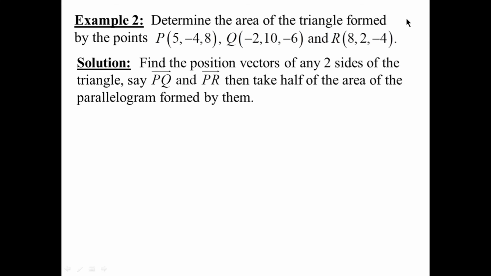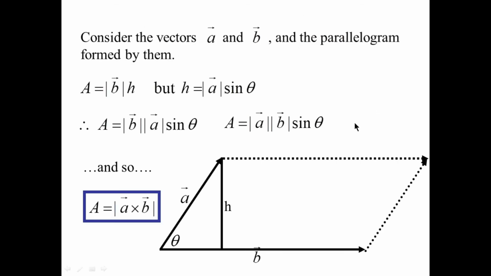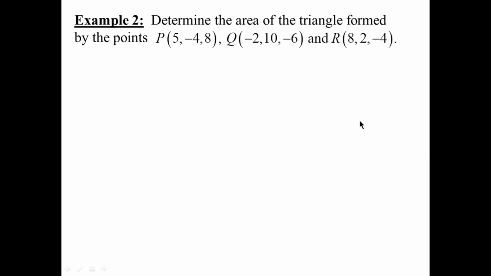We'll find the position vectors of any 2 sides of the triangle, say PQ and PR, and then we've got a couple of vectors. And take half of the area of the parallelogram formed by them. So our plan is to find a couple of vectors that form this parallelogram and then take half of it, because if I were to draw across here, that would be half of the parallelogram.